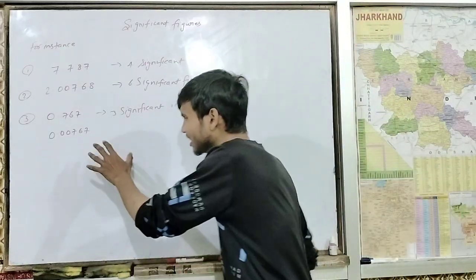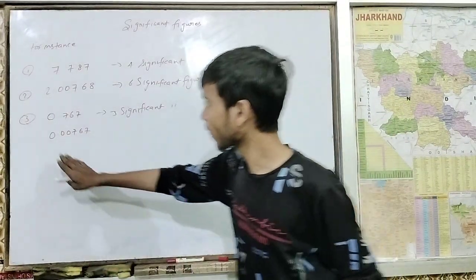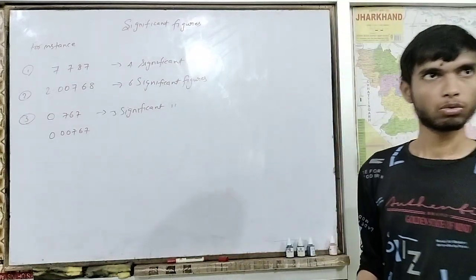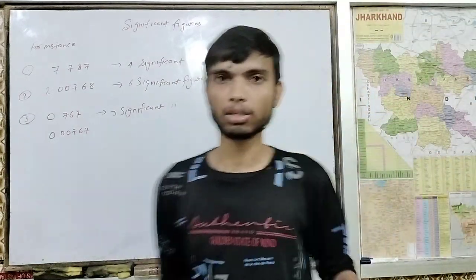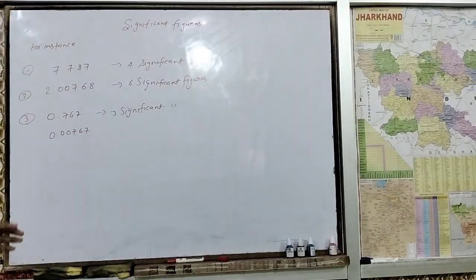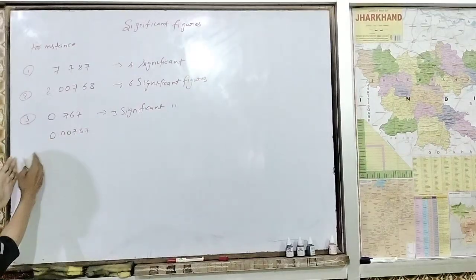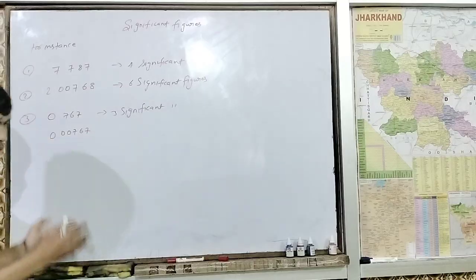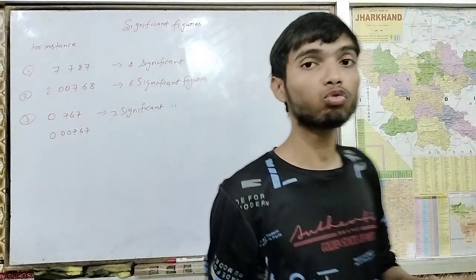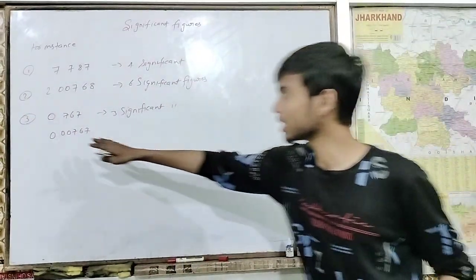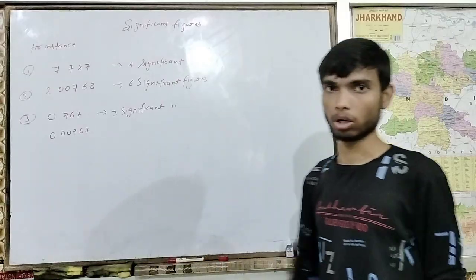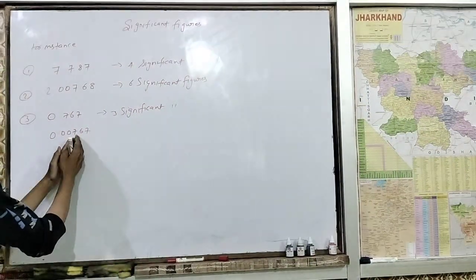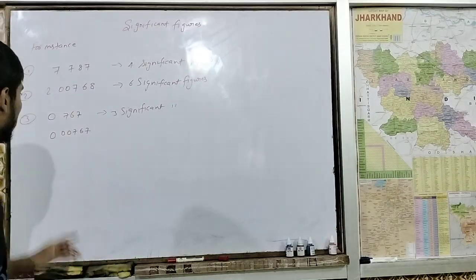Look at here carefully. If zeros are starting from the beginning, in that case all zeros are ignored. So here this zero, then zero, then zero. These all zeros together are starting from the beginning. That's why these zeros will be ignored when counting the significant numbers. So this is 7, 6, 7, 1, 2, 3.